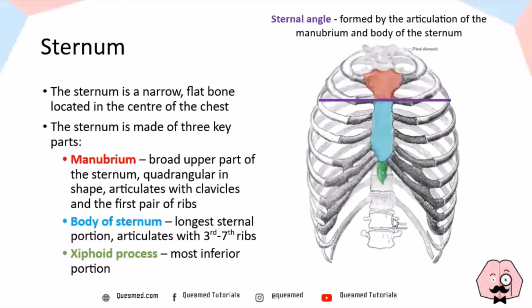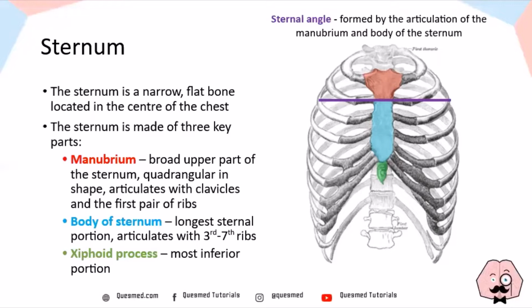To start off with the sternum, the sternum is a narrow flat bone which is found in the center, midline of the chest. It's made of 3 parts. So you've got the manubrium, which is this quadrangular bone, the superior part, and it articulates with the clavicles and with the first ribs, and also the junction of the second rib.